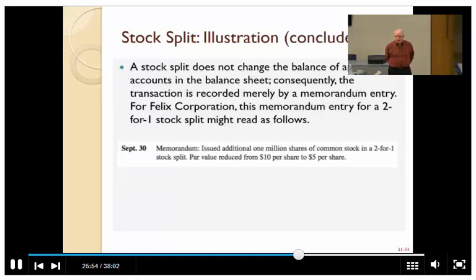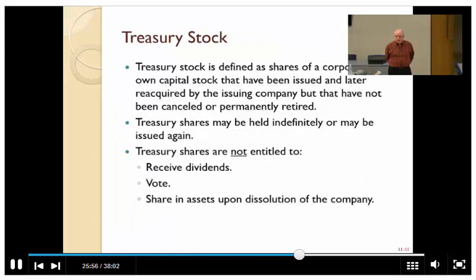Now treasury stock is where the company goes out and repurchases their own shares of stock. Now, why would they do that? Well, if I have an incentive compensation plan and I give my employees options to buy stock, if they choose to exercise the option and buy the stock, I have to have the stock available to sell to them.